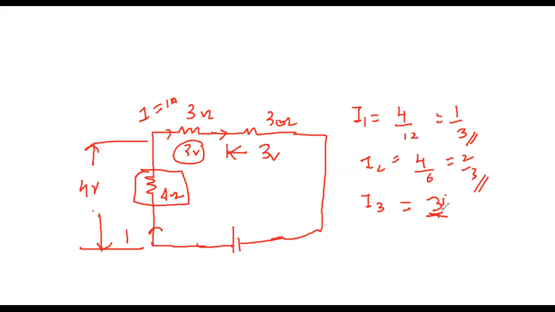Current in the 12 ohm is voltage in the 12 ohm, V upon 12.